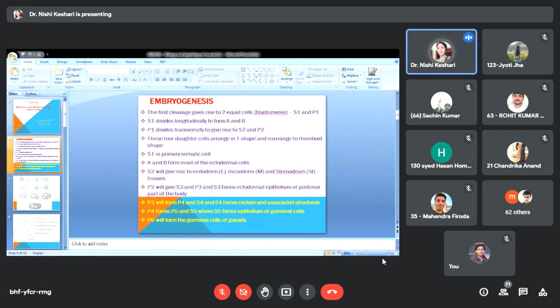So in morphology, we have seen that the female lays eggs through their vulva. Now, after the egg laying, the egg undergoes embryogenesis. Embryogenesis means forming the multicellular juvenile from the single cell of the egg.